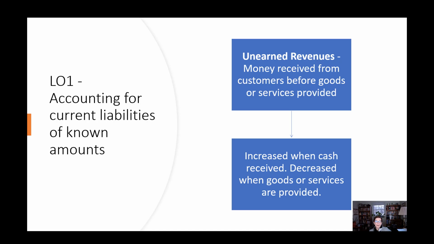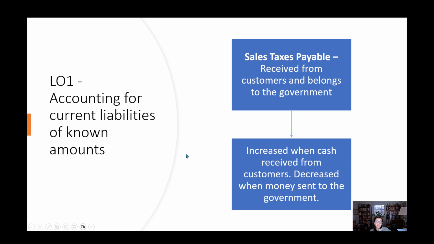So say that you paid for your season tickets. Every time the team plays a game, they would earn 1/8 of what you paid them, right? And so the unearned revenue goes down when the goods or services are provided. We studied that back when we looked at adjusting entries, if you might remember.